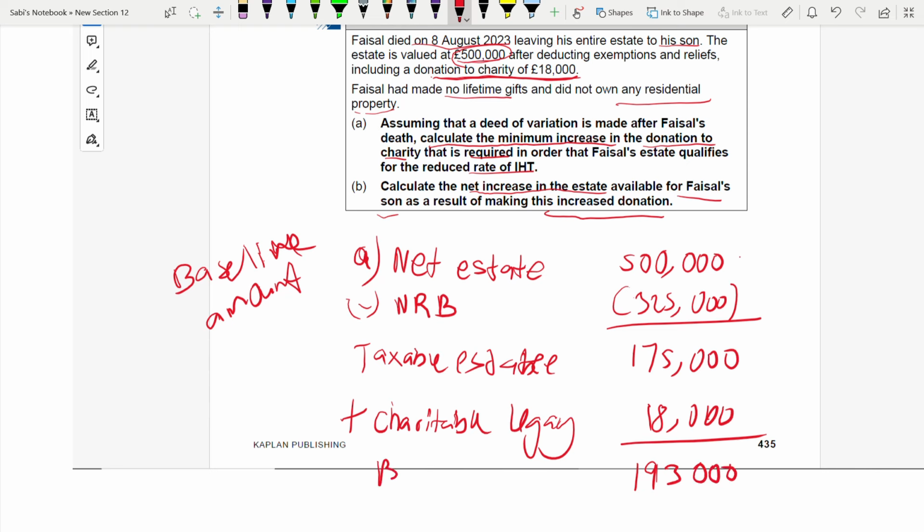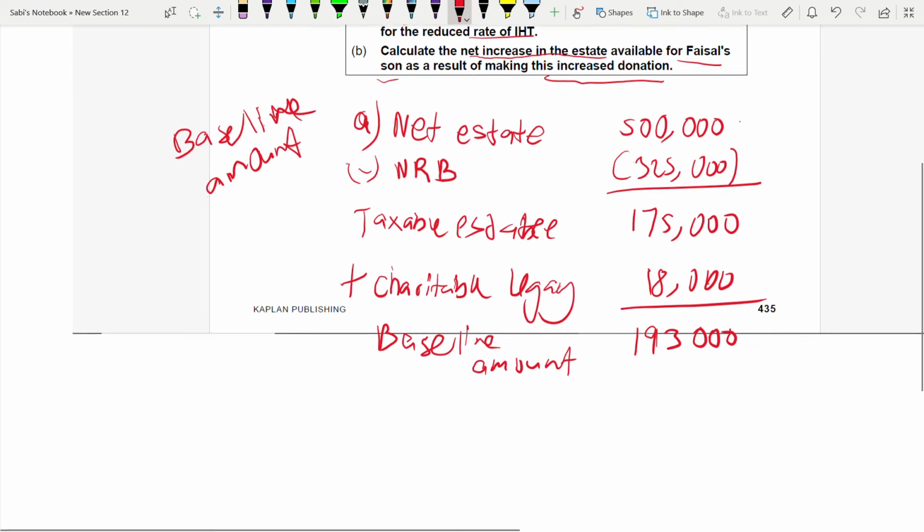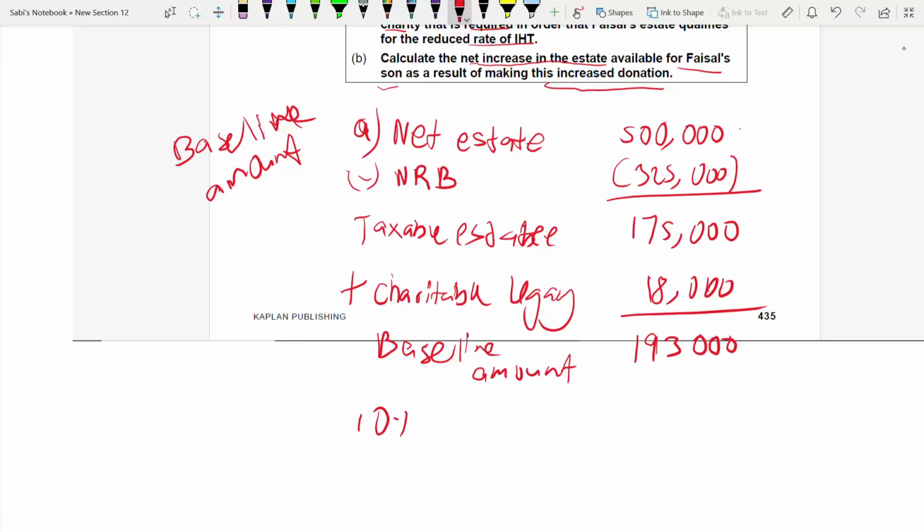This is known as the baseline amount, 193,000. With this, take 10% of this amount, which is 19,300. So to get the reduced rate of 36%, your donation to the charity should be 19,300 and above.